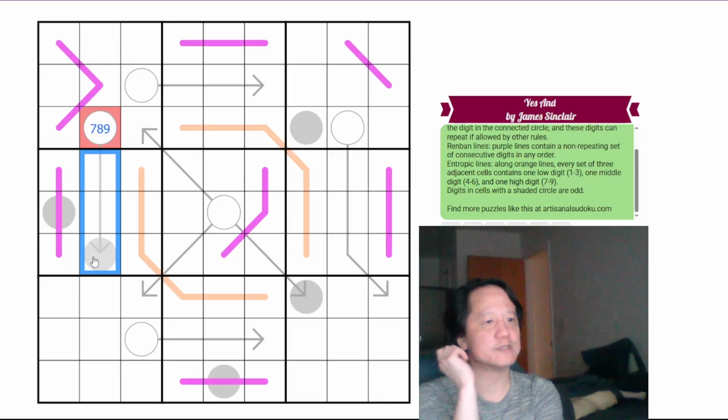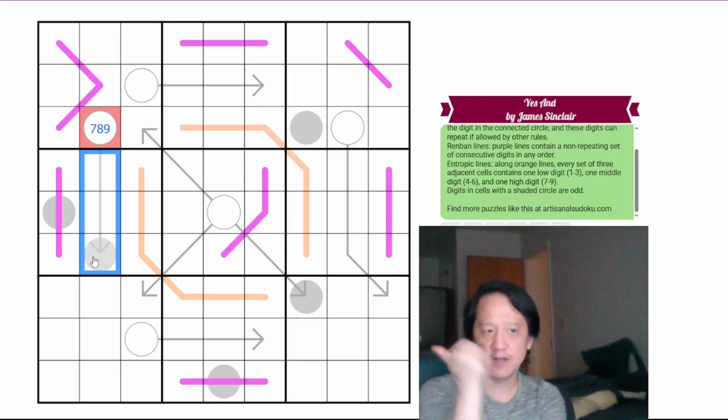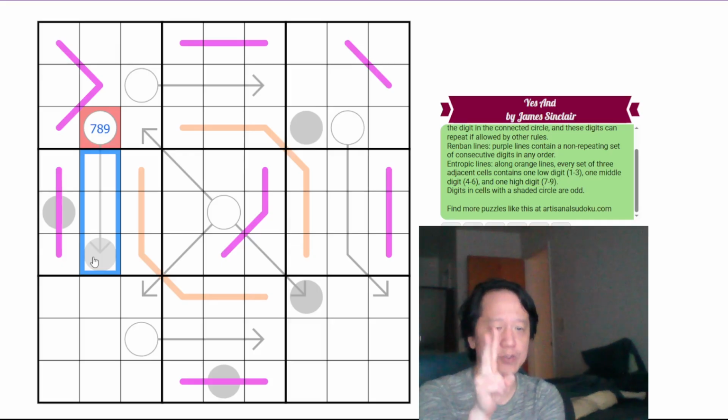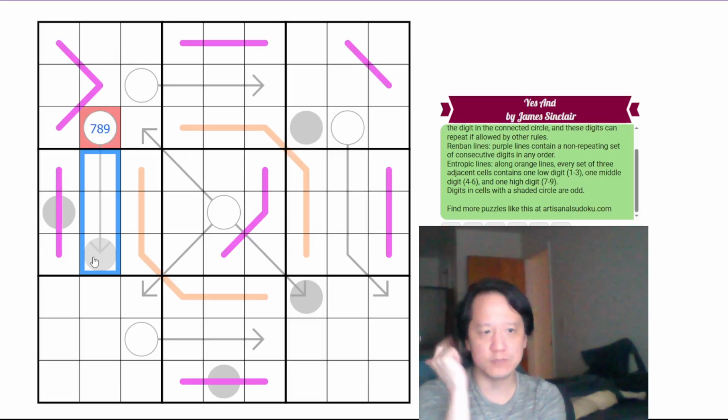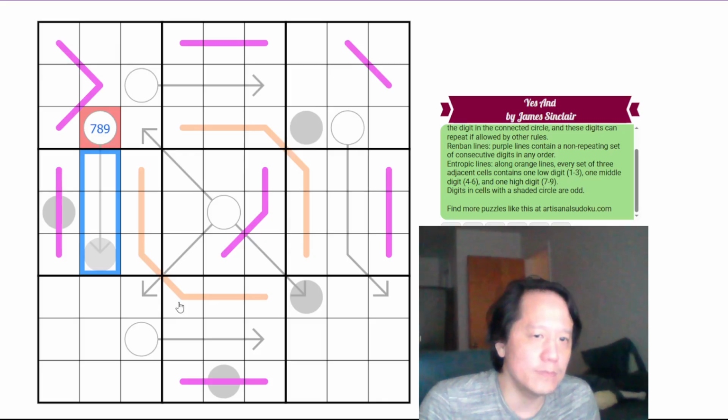To add up to 7, you have 1, 2, 4, which has 2 digits from 1 through 3. 8 has 1, 2, 5 and 1, 3, 4, both of which contain at least 2 digits from 1 through 3. 9 can be 1, 2, 6, 1, 3, 5, or 2, 3, 4, all of which contain 2 digits from 1, 2, or 3. So that means in each of these cages, you're guaranteed to have 2 low digits and 1 middle digit.